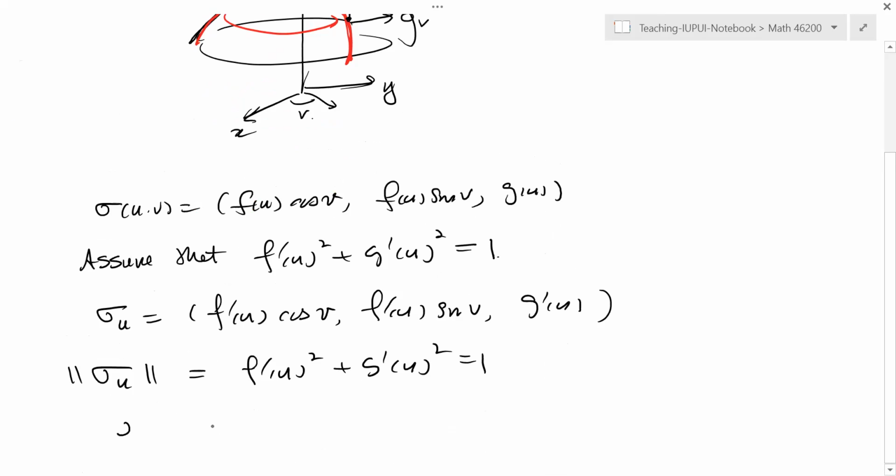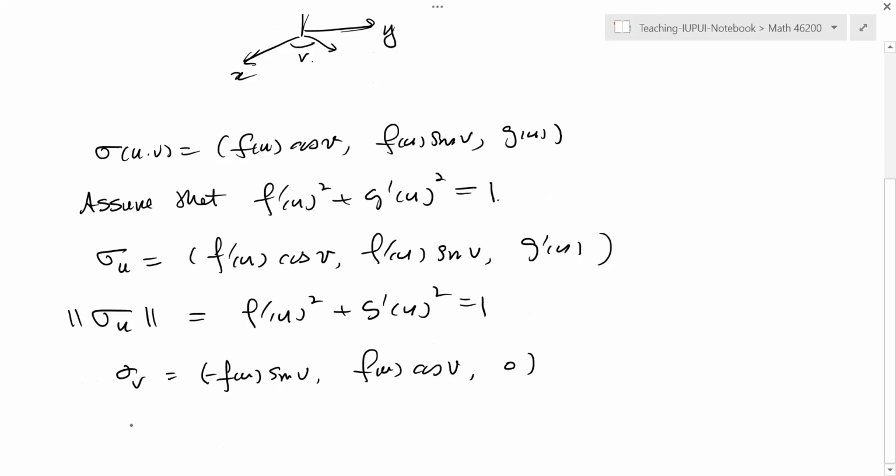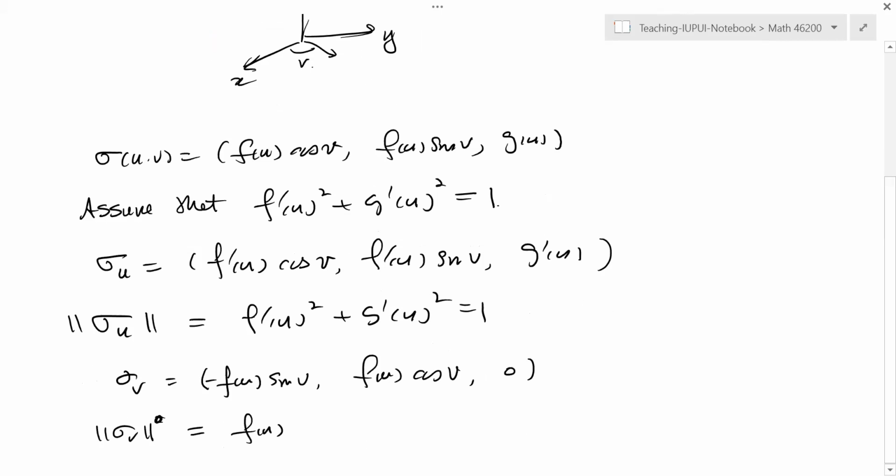Sigma v will be f of u times negative sine v, f of u cosine v, and 0. So the length of sigma v is going to be f of u. Here f is positive; we always assume it's positive.